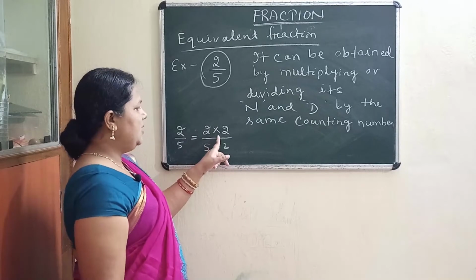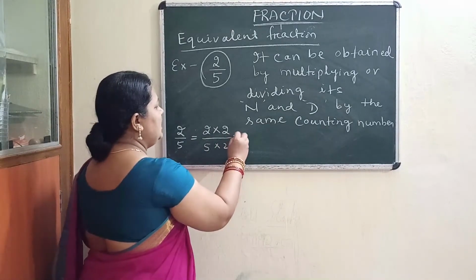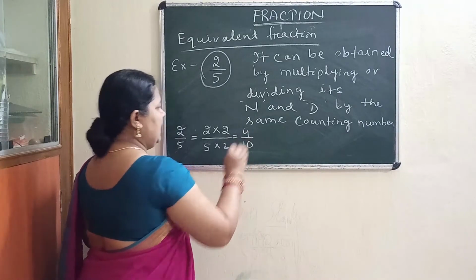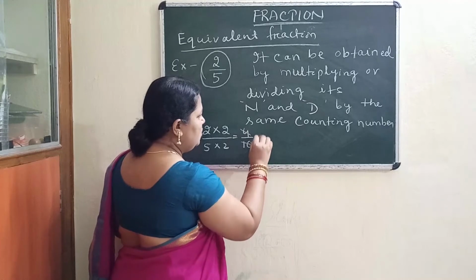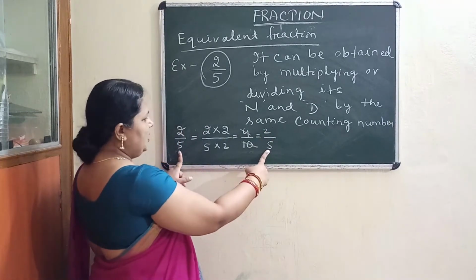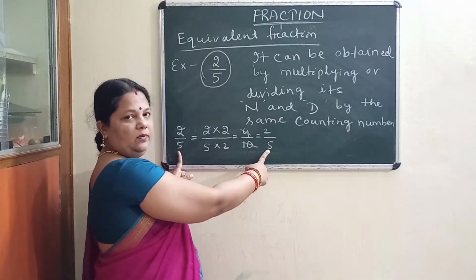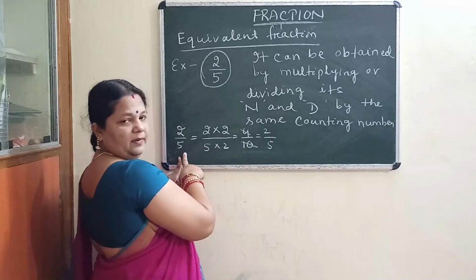Yes, so let's multiply by 2. 2 2s are 4, 5 2s are 10. That means if you are dividing this by 2, you are getting here 2 by 5. You can see here having the same value. 4 by 10 means the value will come 2 by 5.